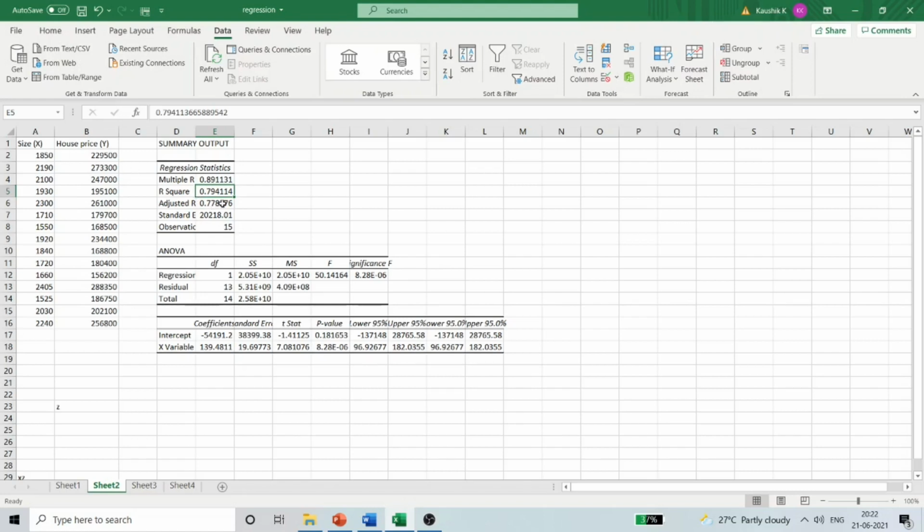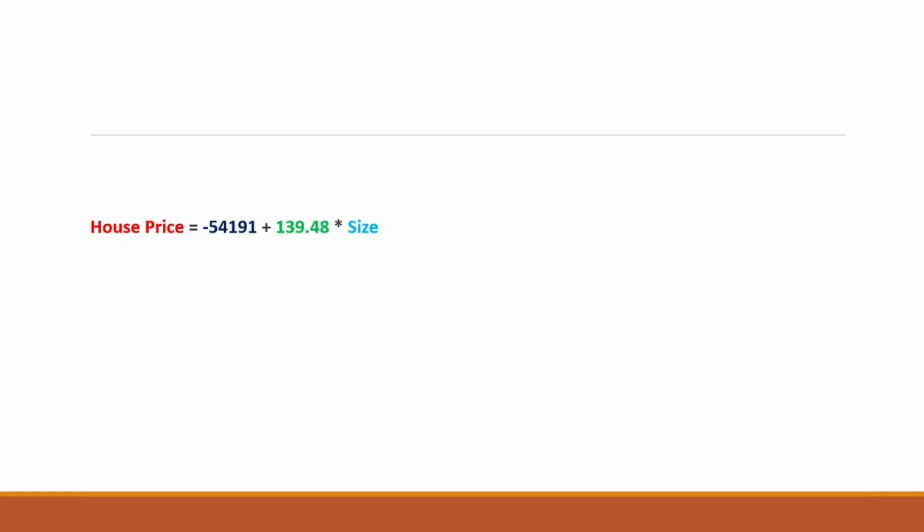Based on the solution, the house price can be represented with this formula. House price is equal to minus 54191, which is nothing but the intercept value beta naught, plus beta 1, which is 139.48, into size, right?